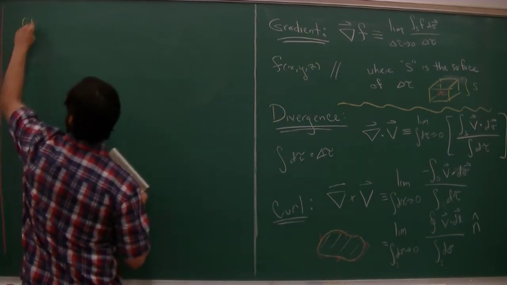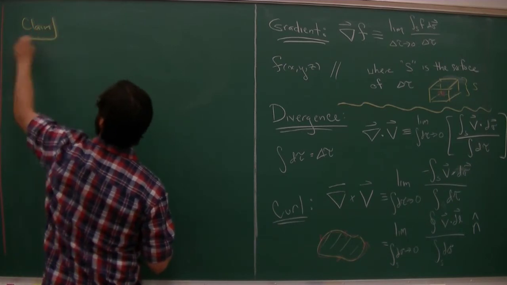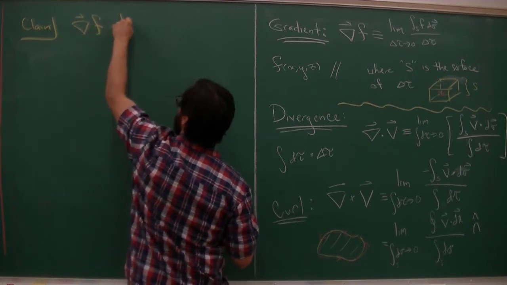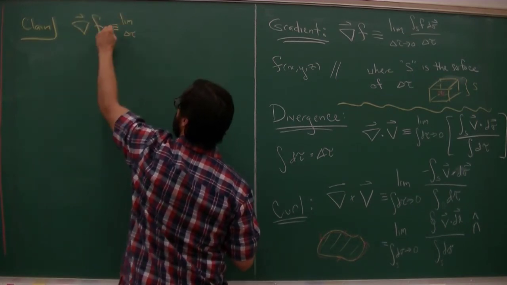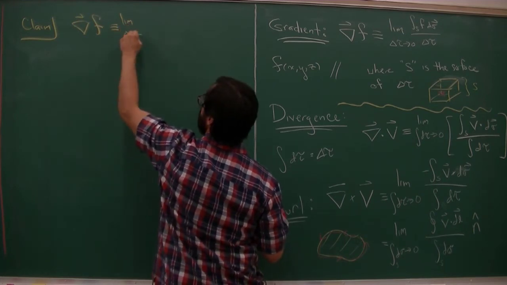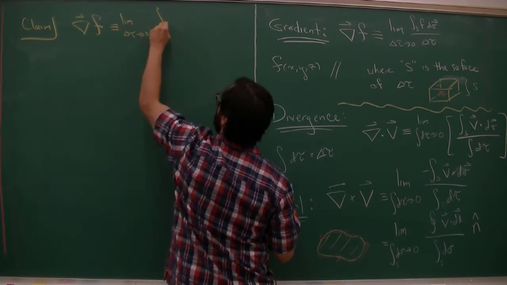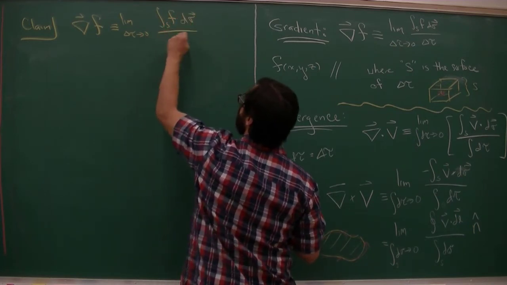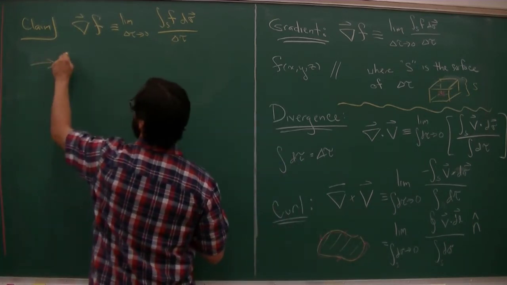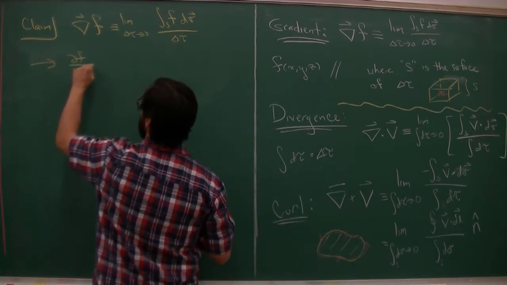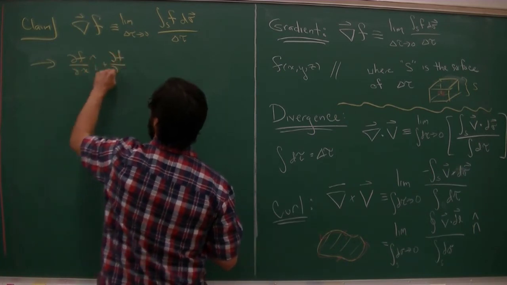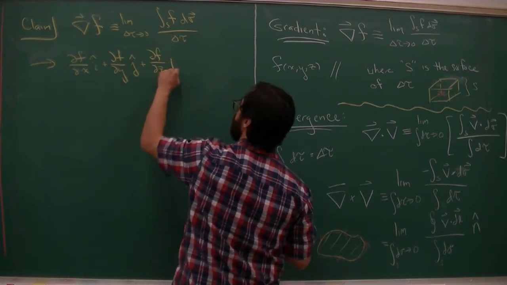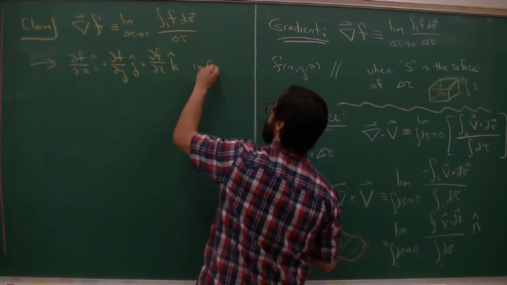So our claim is that the gradient of f, as defined by the limit of this delta tau thing, reverting back to the simpler notation, the integral of f d sigma over delta tau, goes to partial f partial x i hat plus partial f partial y j hat plus partial f partial z k hat in Cartesian coordinates.